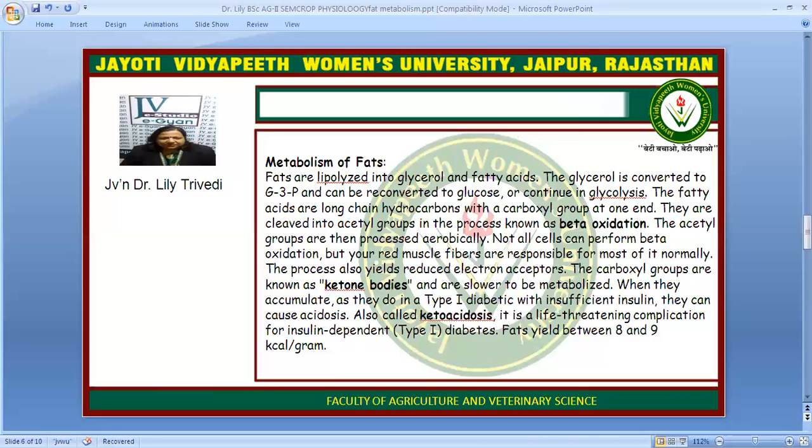The process also yields electron acceptors and the carboxyl groups are then known as ketone bodies, and they are slower to be metabolized. When they accumulate, they cause ketoacidosis. Now this is a life-threatening complication for diabetics that are insulin dependent, and fat yields between 8 to 9 kilocalories per gram.